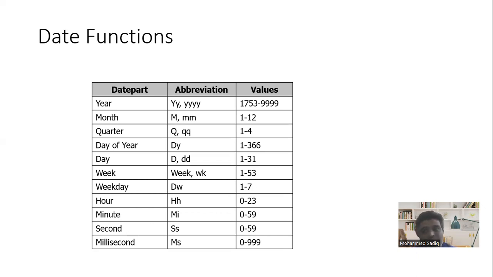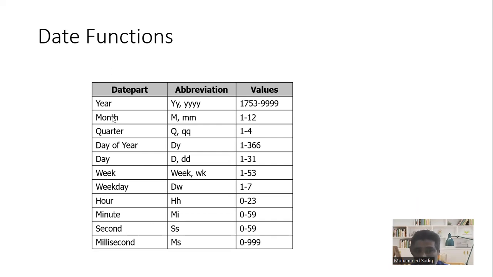The first thing is you want to extract the part of the dates. In SQL Server, we use the date part functions, and with them we can extract parts of the dates: either the year, the month, the quarter, the day of the year, the day of the month, the week of the year, or the weekday, that is Sunday to Saturday.